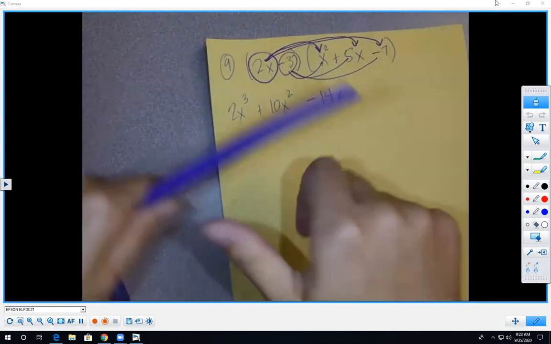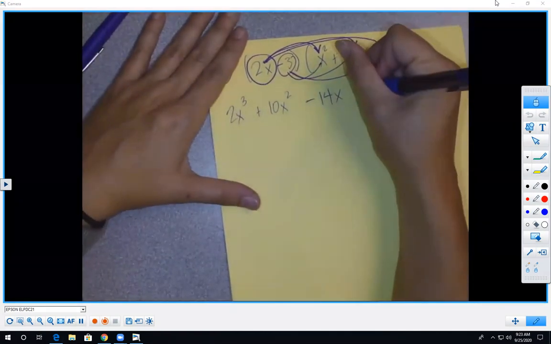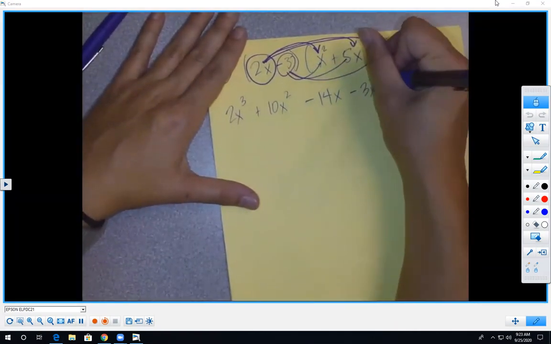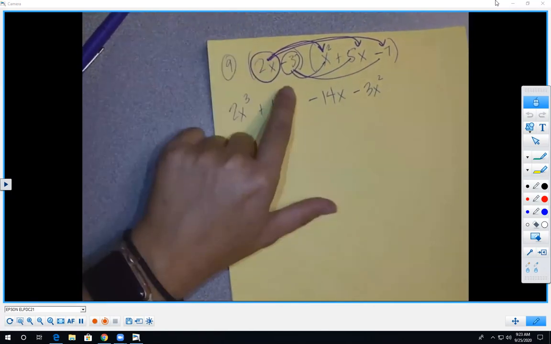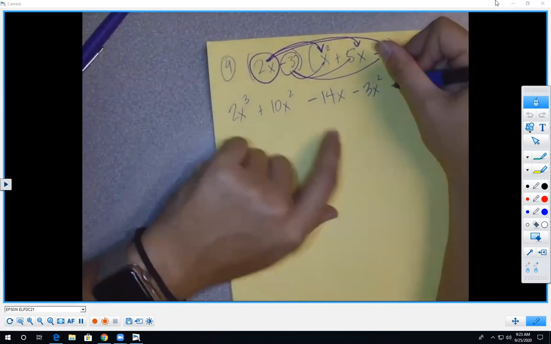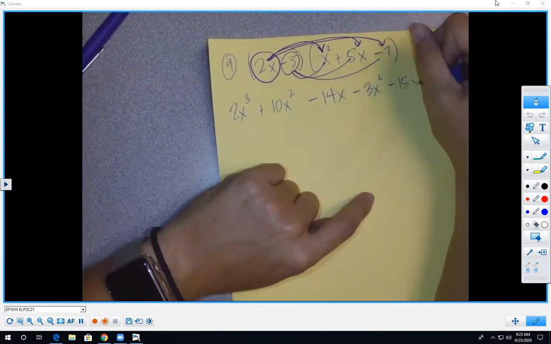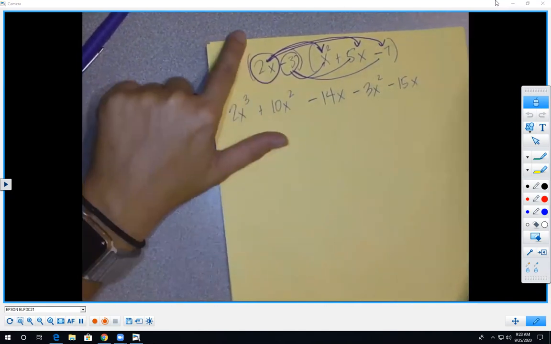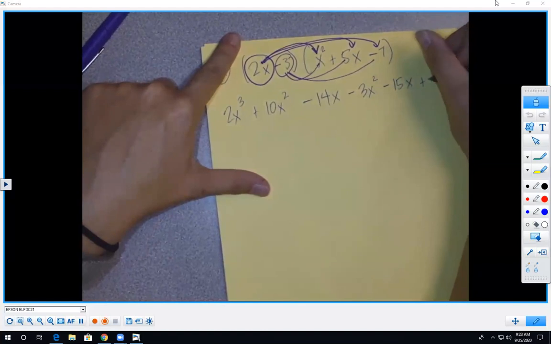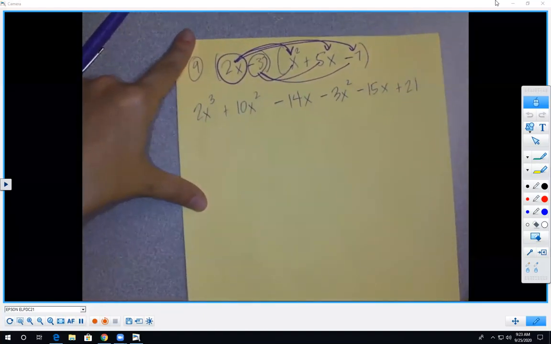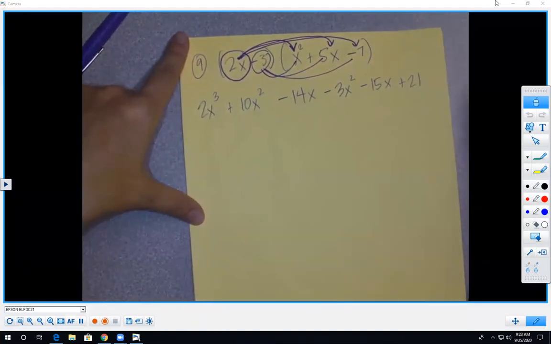Negative 3 times x squared is negative 3x squared. Negative 3 times 5x, negative 15x, and negative 3 times negative 7, positive 21. The hard part about this problem is combining like terms because there's a lot of like terms here.